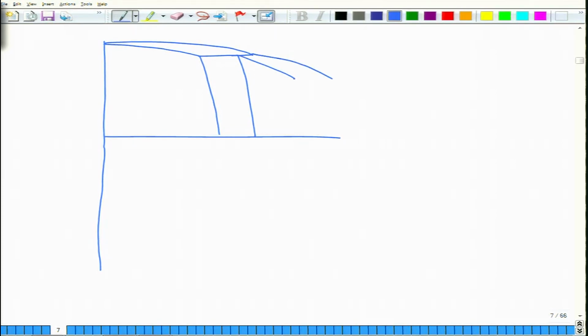So, this is another phase field. So, you have liquid plus alpha, this is alpha plus beta, and then you have the beta phase field.